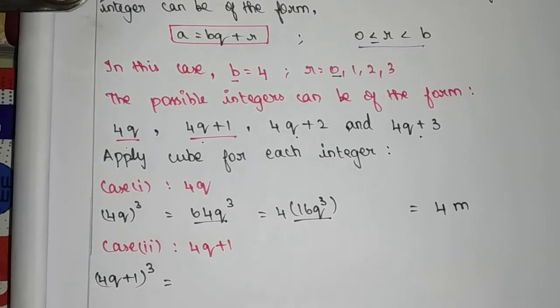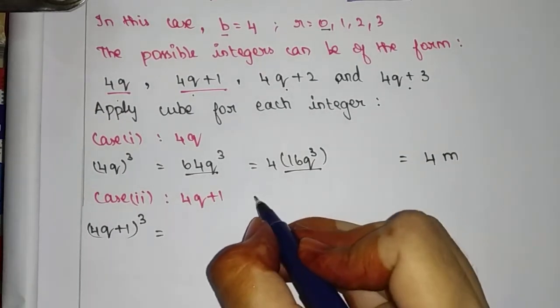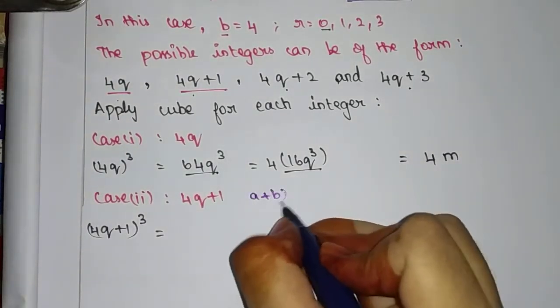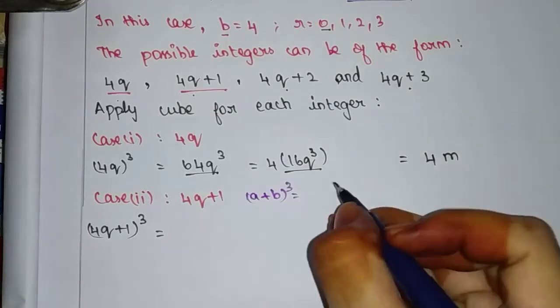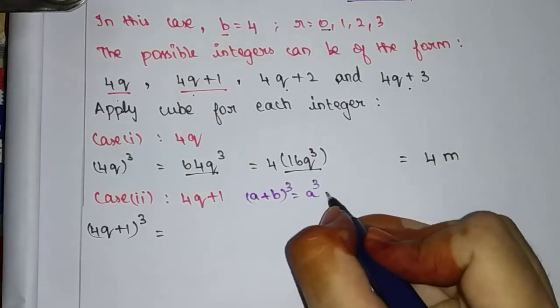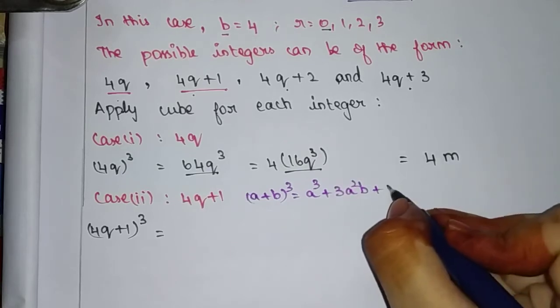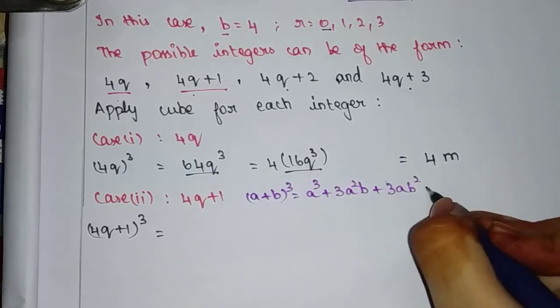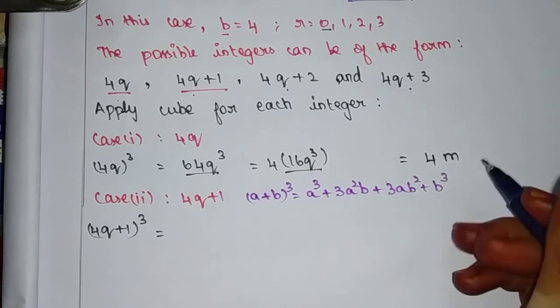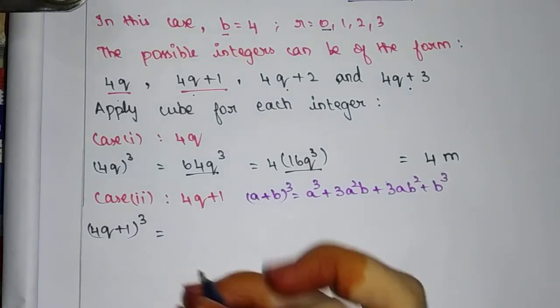So here a plus b the whole cube is equal to a cube plus 3a square b plus 3ab square plus b cube. Just apply this identity here.